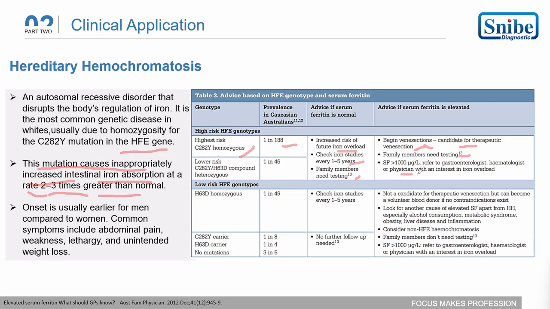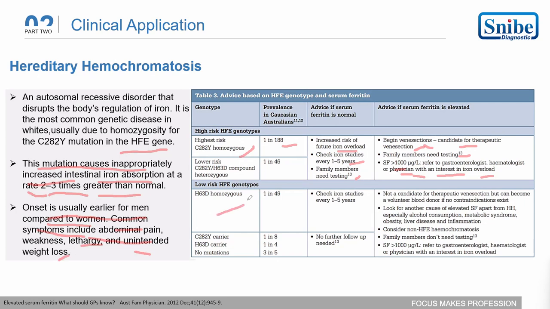Along with that, if the serum ferritin value is greater than 1,000 micrograms per liter, refer to a gastroenterologist, hematologist, or physician with an interest in iron overload. Onset is usually earlier for men compared to women, and common symptoms include abdominal pain, weakness, lethargy, and unintended weight loss.